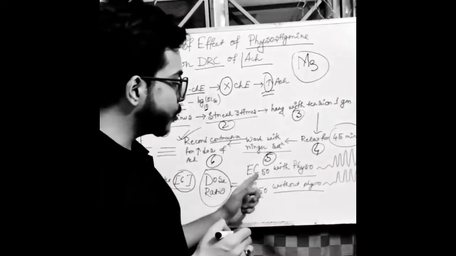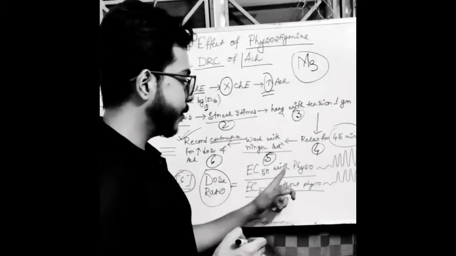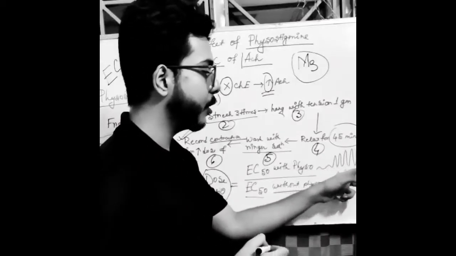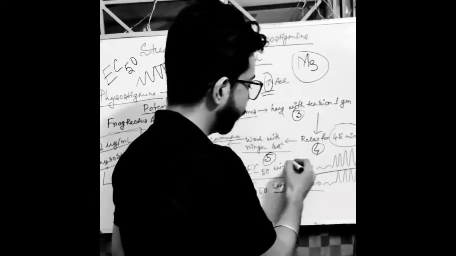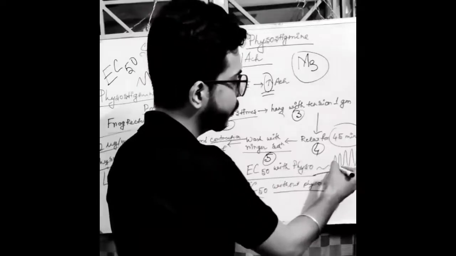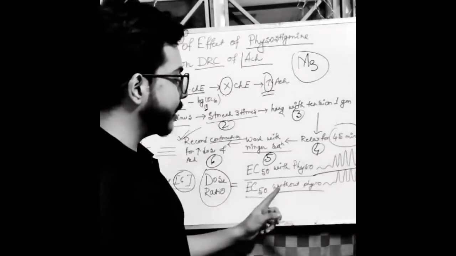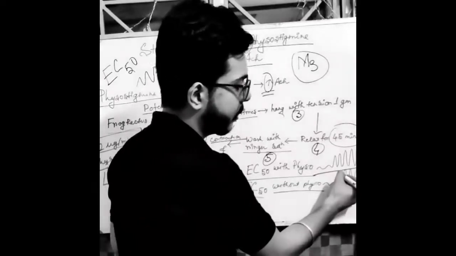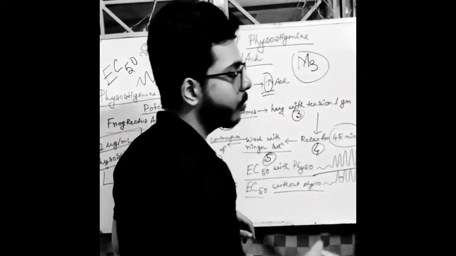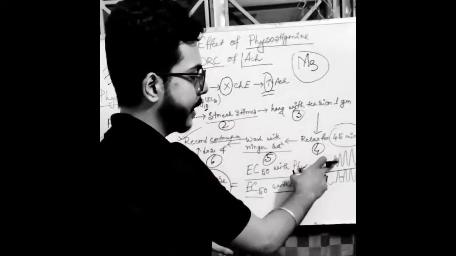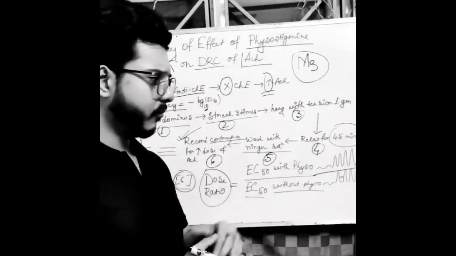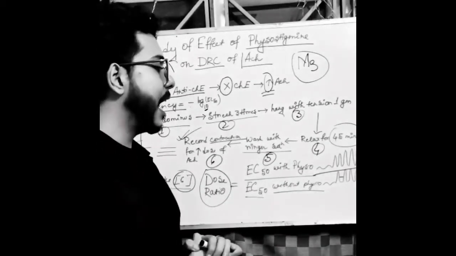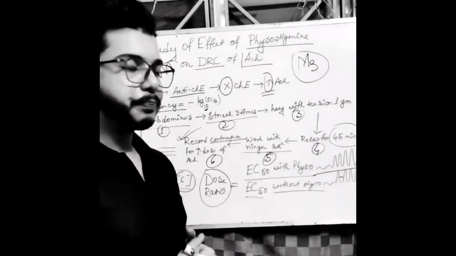In the case of physostigmine, we are going to see the graph like this. But without physostigmine, we can see the same kind of effect, but the distance between two graphs will be larger than this one. This is going to be the basic difference, and the response will definitely vary.